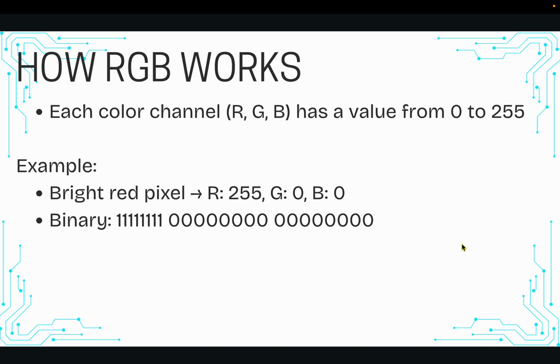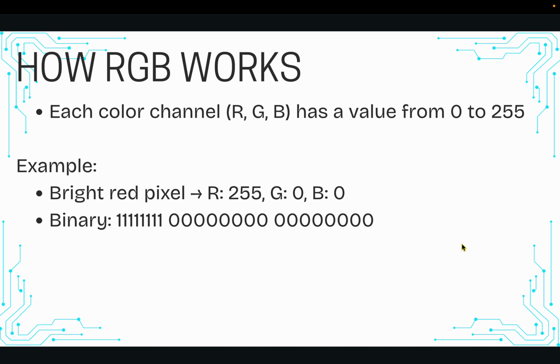So how does RGB work? That's how you get your color value. RGB basically stands for red, green, and blue. So each color that your computer understands is going to be made up of a mixture of R, G, and B to create the color that you see on your screen. And each one of these, R, G, and B, will have a value from 0 to 255.